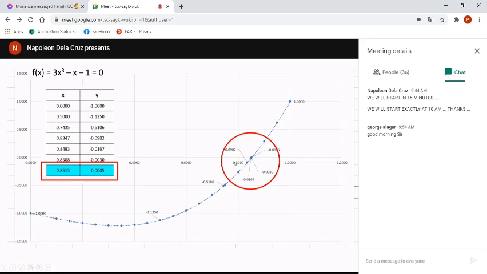So that's the graph of our equation. And finally, the root is equal to 0.8513. And the f of x, if this is now the root, the f of x will be almost equal to negative 0.0005.